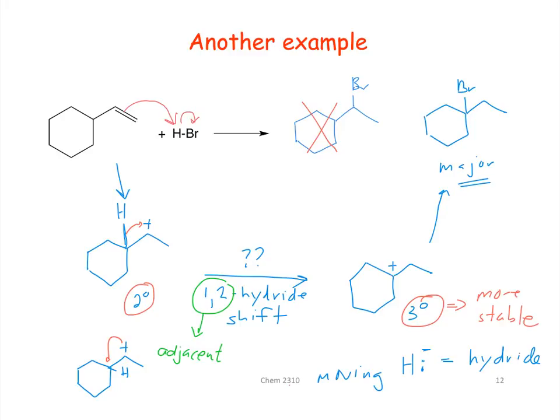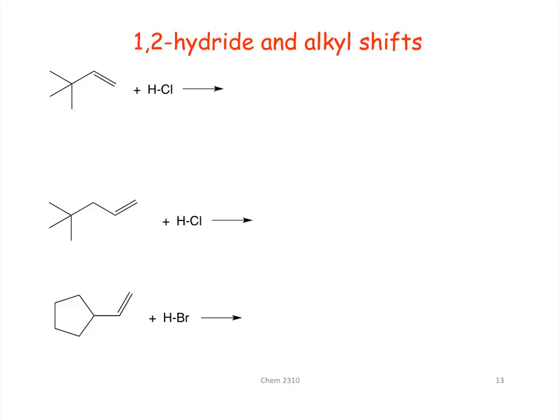Just like we know that with Markovnikov addition, H goes to the less substituted side so we can form the more stable carbocation, but if we can do a hydride shift to form an even more stable carbocation, then that will take place. Then bromide just reacts with whatever was the most stable carbocation. All right, so it's getting kind of tricky here. Let's look at some other examples.